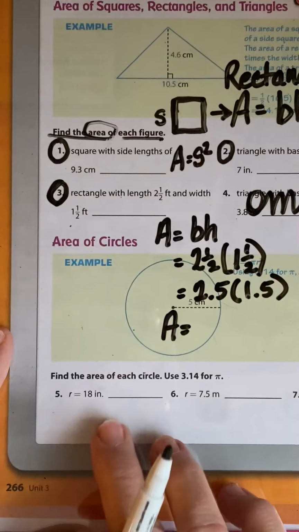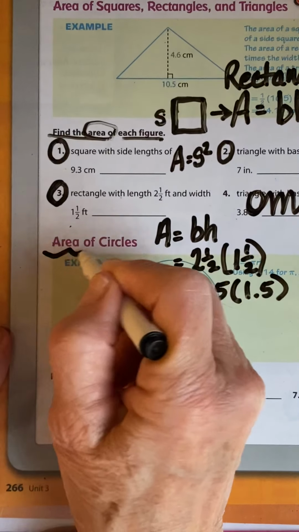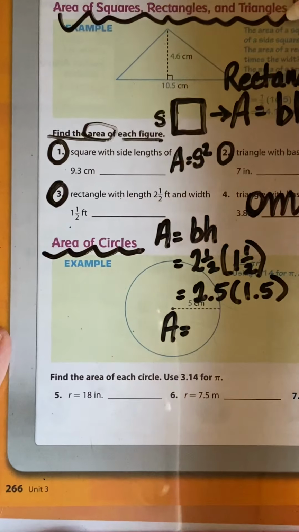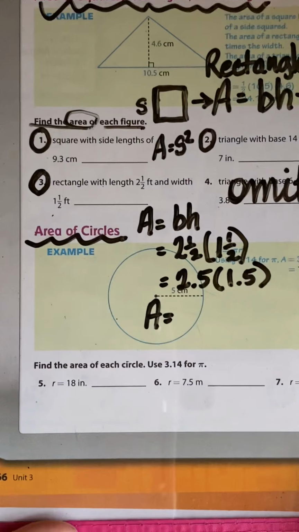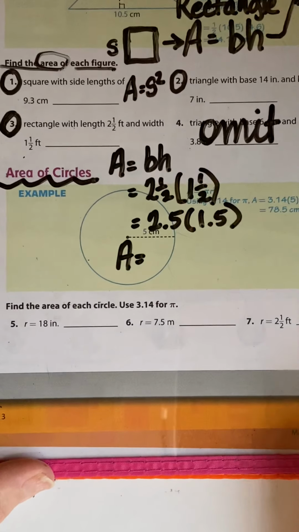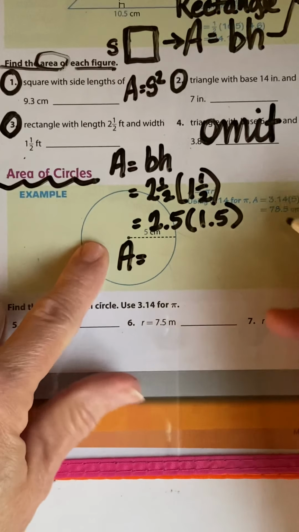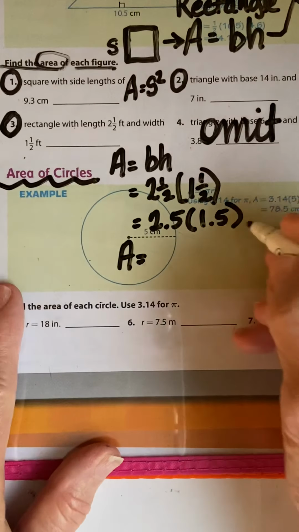Down here these are circles. Area of circles. And this was area of squares, rectangles, and triangles. All right. So for down below, we know the area for a circle, it's right there, I wrote on top of it.